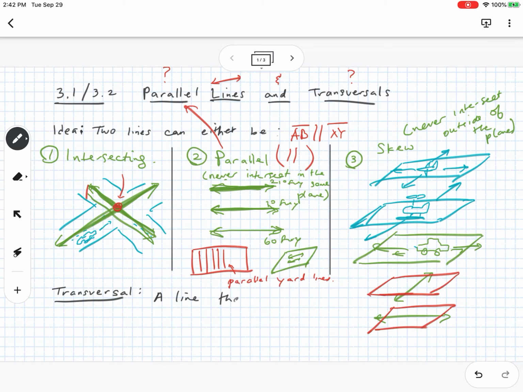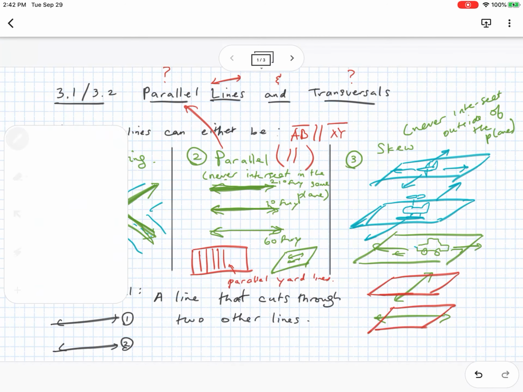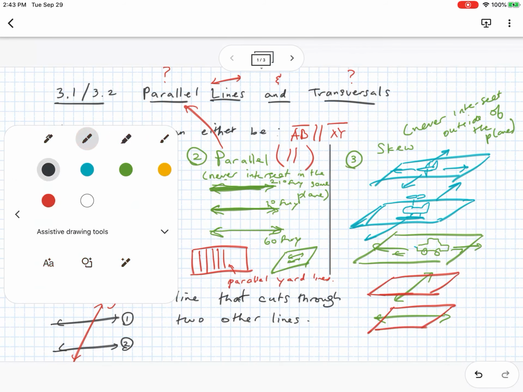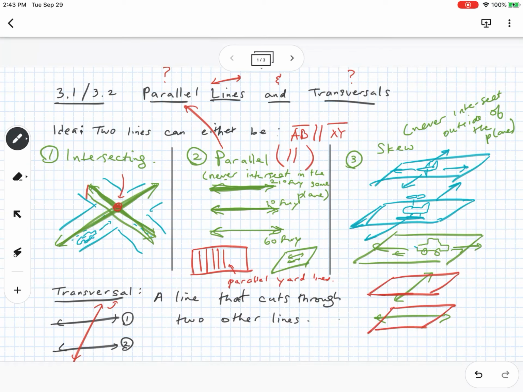And a transversal is simply a line that cuts through two other lines. So imagine if I have a drawing like this. Here are two lines, line number 1 and line number 2. And the line that cuts through it, like that, this is what we call a transversal.